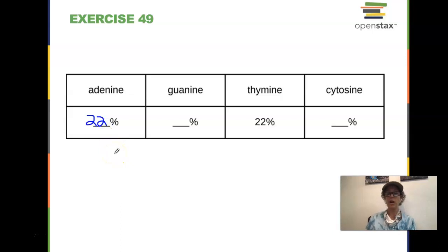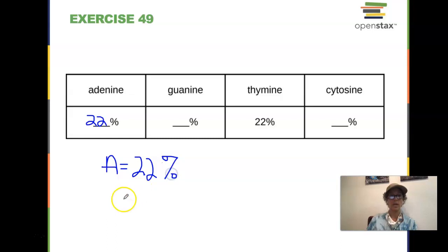All right, well then how do we know how much guanine and cytosine there are? Well, if we have adenine equals 22%, and thymine is also 22%, then we know the total of adenine and thymine is 44%.